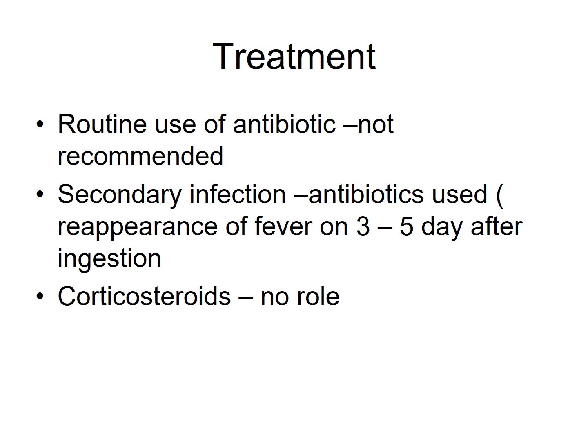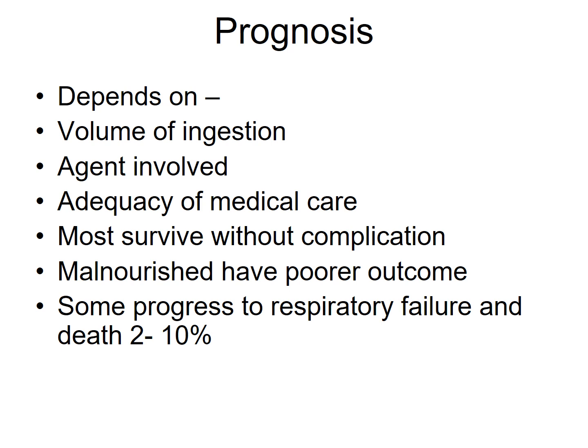If there is a reappearance of fever on the 3rd to 5th day after ingestion, then you suspect secondary infection. Corticosteroids have no role. So no antibiotics, no steroids, only supportive management with oxygen and positive pressure ventilation is the goal of management in kerosene poisoning.